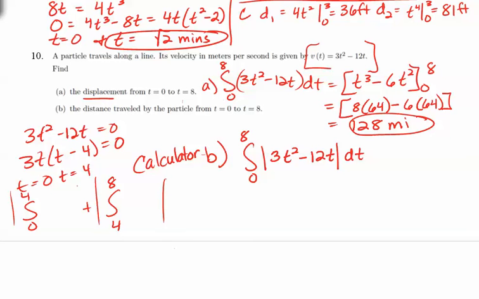So then I could put absolute values around them if I absolutely had to do this without a calculator. If it's in the calculator section, grab your calculator. That's what I just did a minute ago as I paused the video. So 192 miles is our total distance traveled.